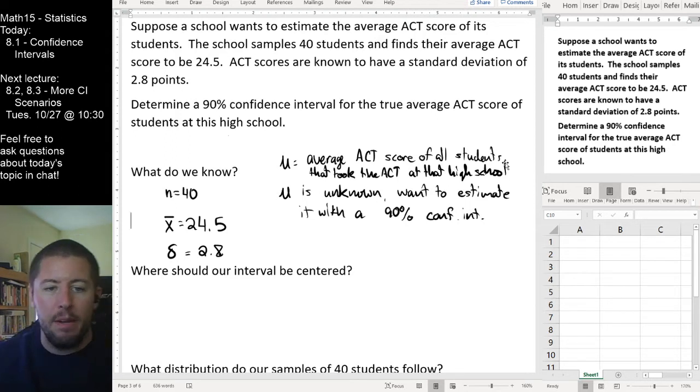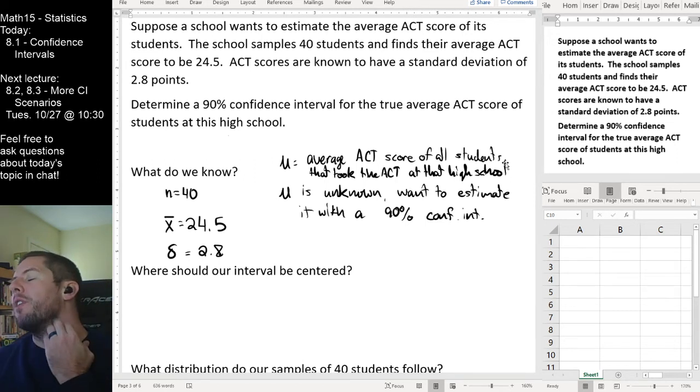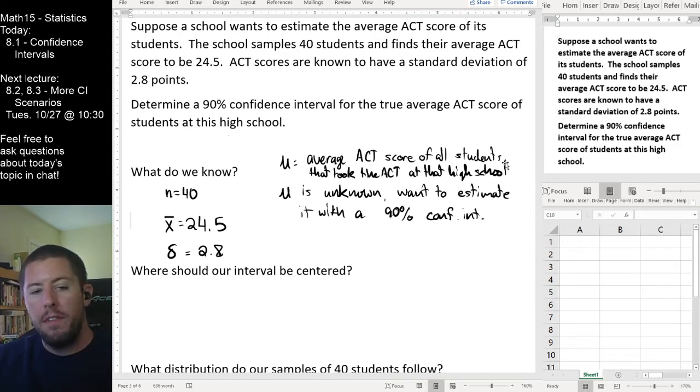We're only sampling from the high school. Therefore, our population is just the people that took the ACT at this high school. So we're trying to form a confidence interval for the true average ACT score of the students at this particular high school. We don't know what this overall average is. We've only sampled 40 students that took the ACT at this high school, but there's maybe hundreds of students at this high school that took the ACT. So we're trying to take a small bit of information and push it onto the broader population.